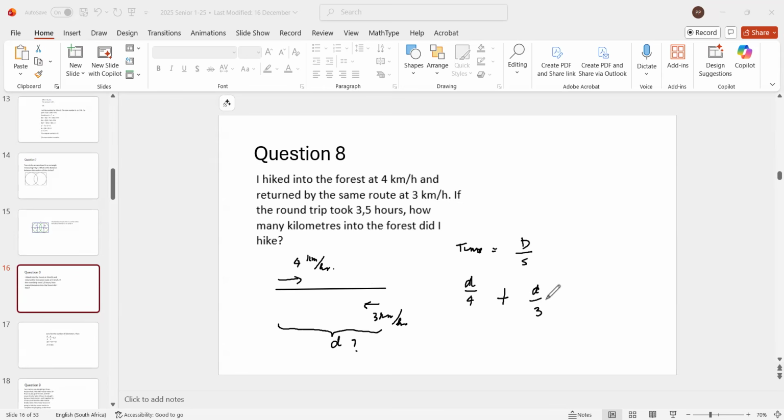So the total time taken is d over 4 plus d over 3. And the round trip took 3.5 hours, 7 over 2. So you can calculate d. I'm not going to do that. You'll see that d is equal to 6 kilometers.